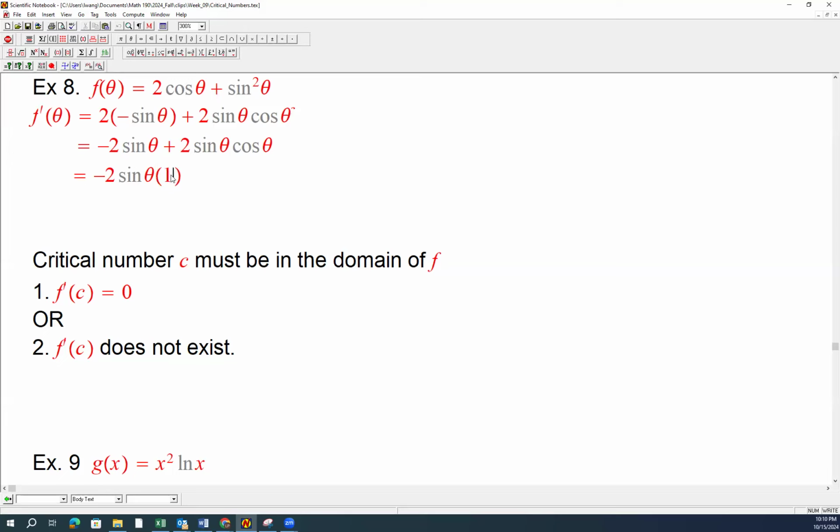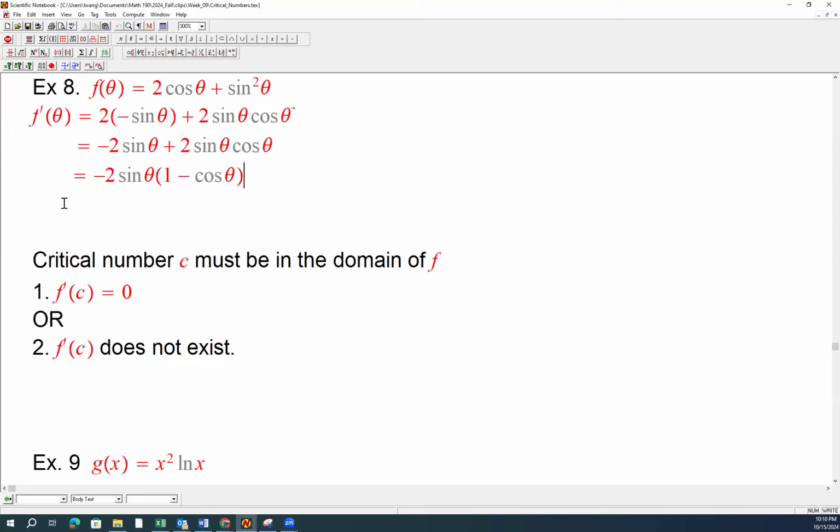So this is just 1 minus cosine theta. The inside of the parentheses has a negative sign because we factored out the negative 2.